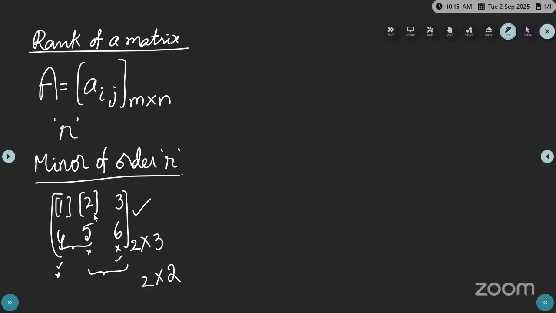So the rank also will be at maximum the minimum of m comma n. Do remember. Now what is the rank of the matrix?